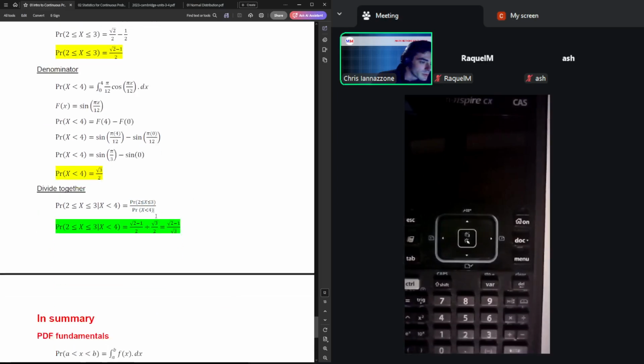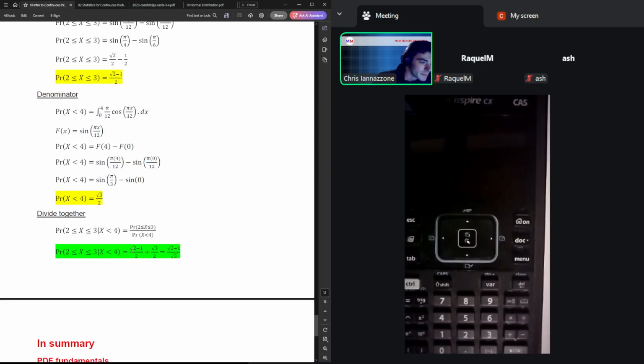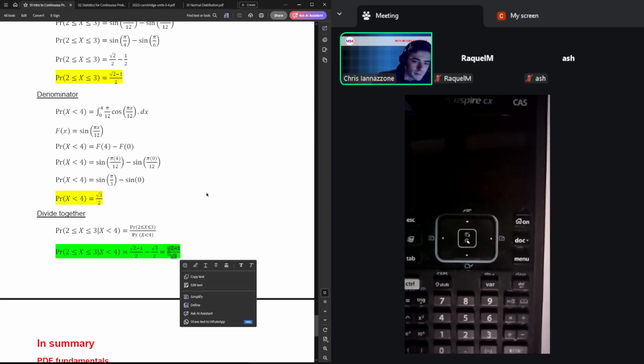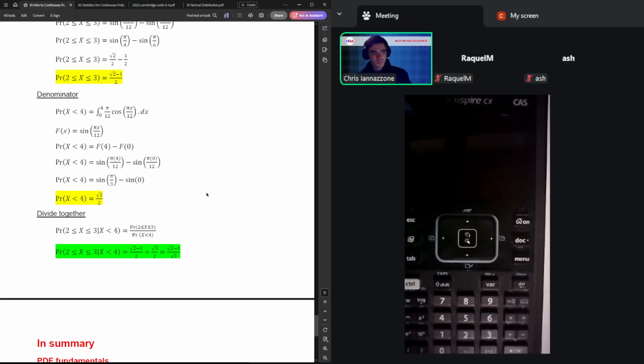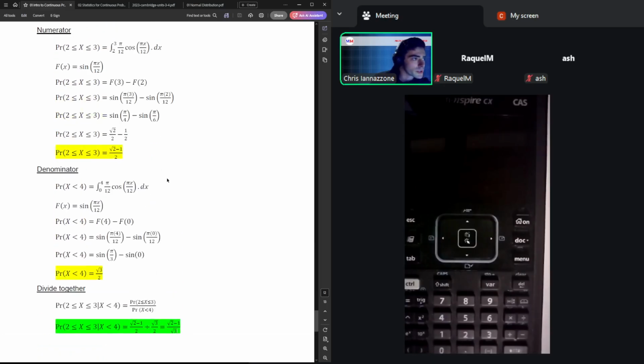Numerator divided by denominator, this thing divided by this thing. Do a bit of fraction math, and you'll have your final answer for your probability. Big mess of math. But that is about as far as the fundamentals of continuous probability go.